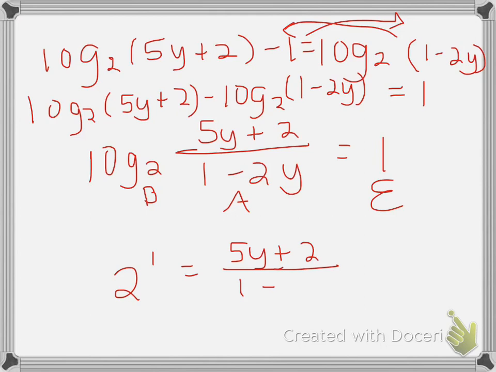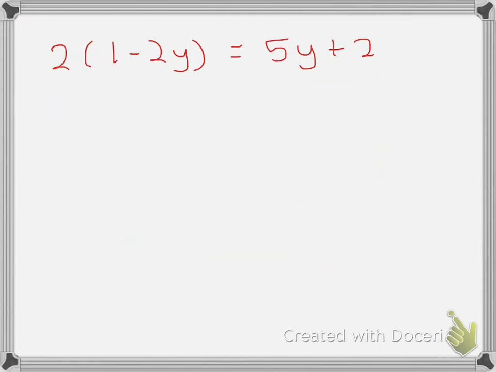over 1 minus 2y. I would take the left side, go ahead and write that as a fraction because you're going to cross multiply. Okay, so I'm going to cross multiply that. 2 times 1 minus 2y and 1 times 5y plus 2, which is just 5y plus 2.